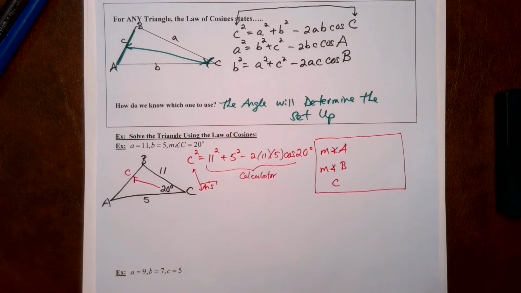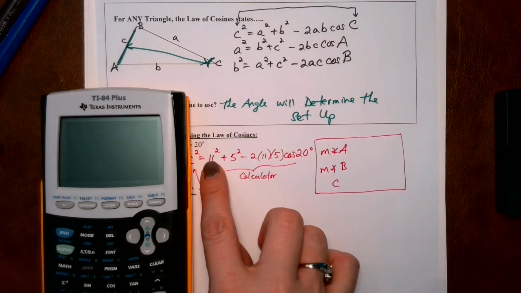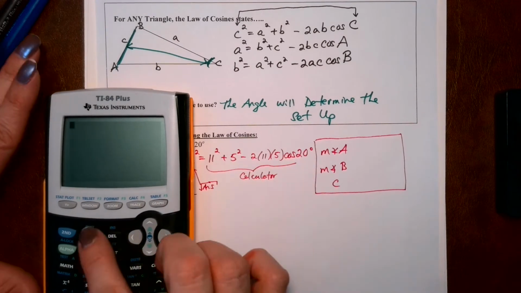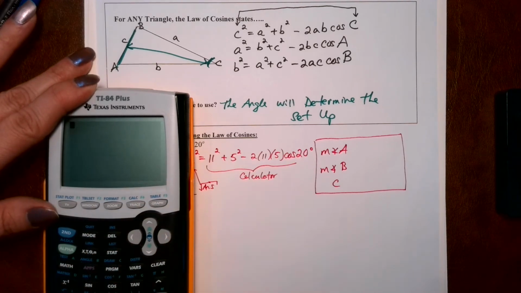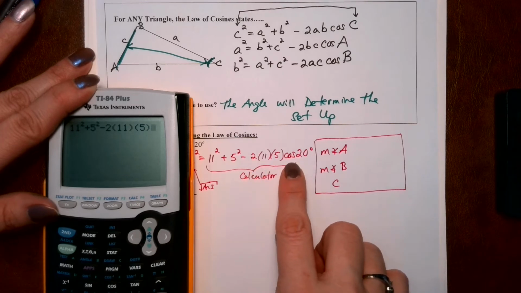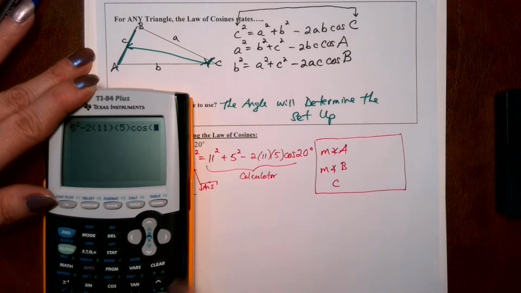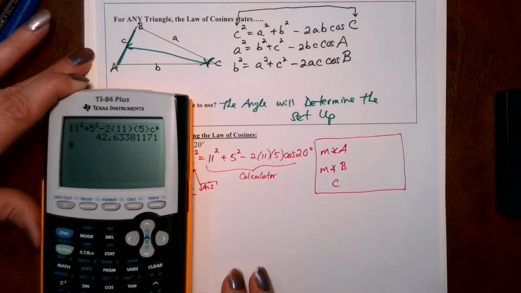So let's show you how to do that in the calculator. Okay, so first of all, let's get this entire thing right here typed in. Make sure that you're in degree mode. We've got 11 squared plus 5 squared minus 2 times 11 times 5 times the cosine of 20 degrees.